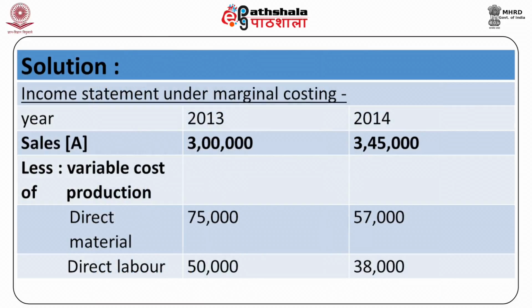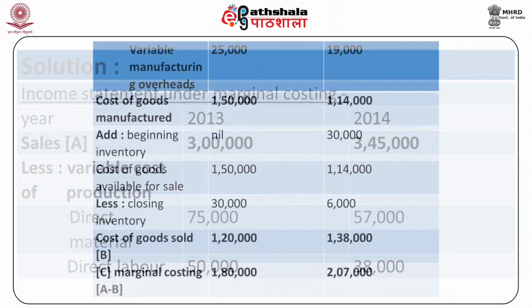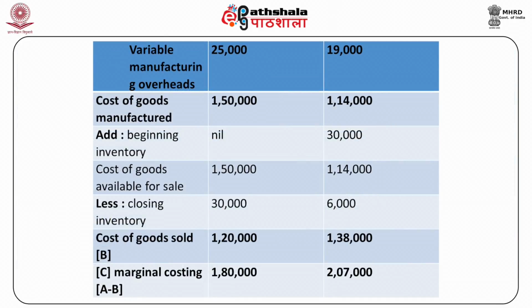For the year 2014, we have sales A as 3,45,000. The variable cost of production, which is direct material 57,000, direct labor 38,000, variable manufacturing overheads 19,000, needs to be subtracted, which gives us the cost of manufactured goods at 1,14,000.